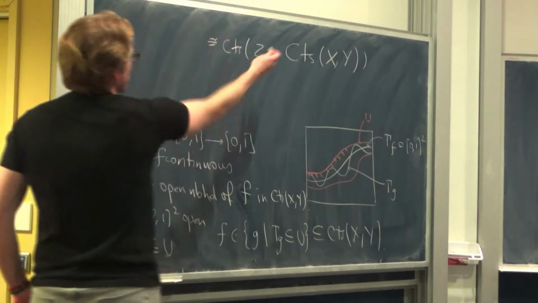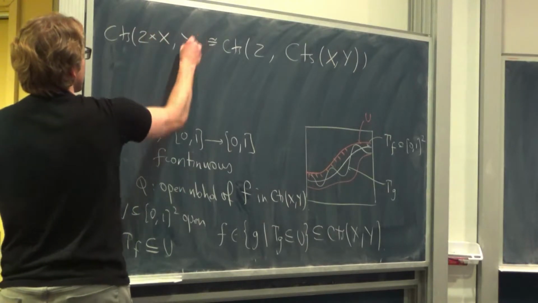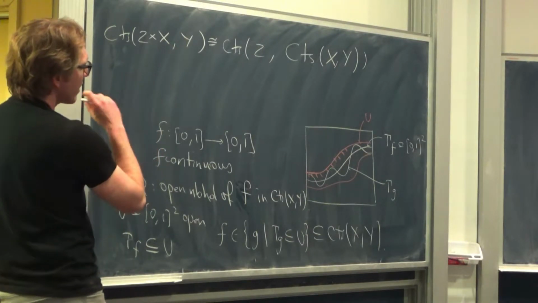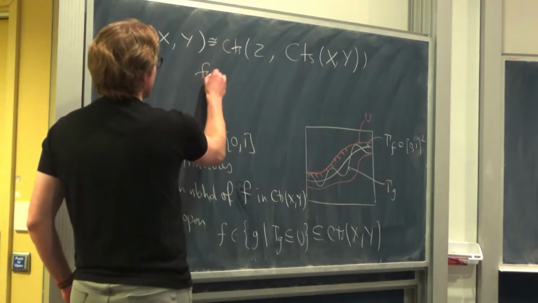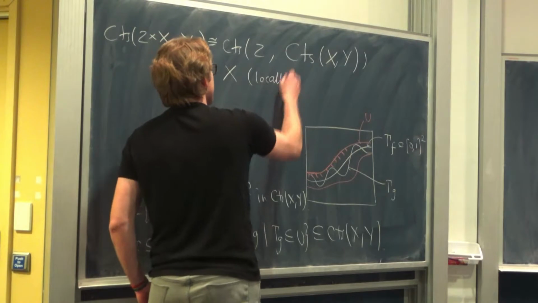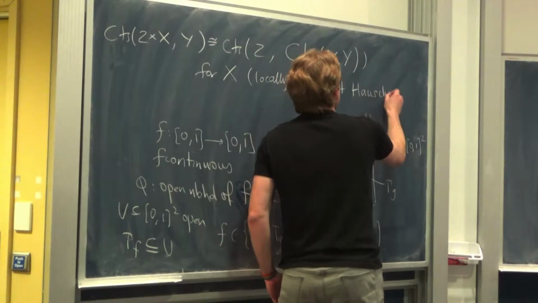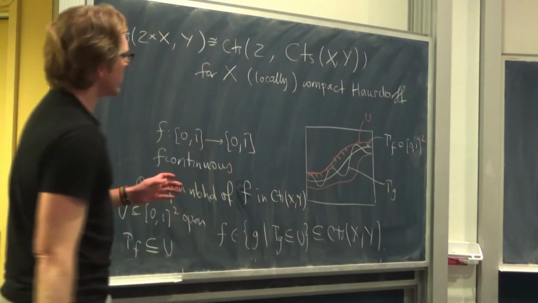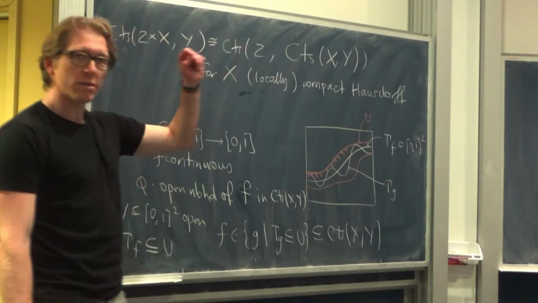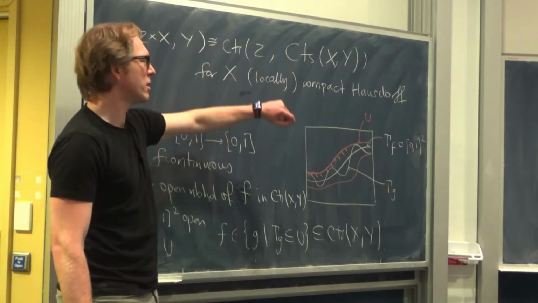Maybe we want a topology on that set such that the following identity holds, for any spaces Z and Y, and it turns out that this is only reasonable to expect if X is, well, last time I was discussing the case where X was compact Hausdorff. There's a weaker condition, which is local compactness, that I'll discuss today, and this holds also in that generality. I haven't explained this yet, but it will be a focus point of the lecture.